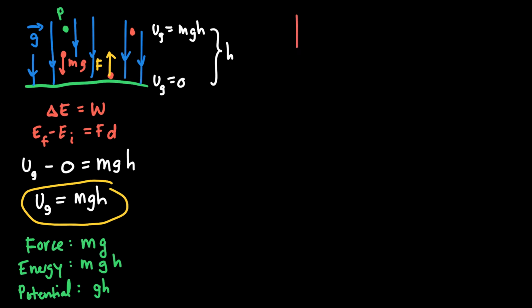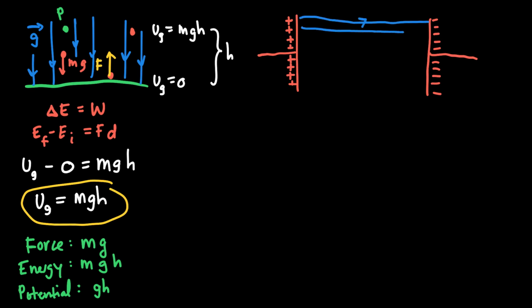If I take two plates, and on the left plate I cause it to have a positive charge, so everywhere on this plate I have a positive charge, and on a second plate on the right, everywhere there is a negative charge, then everywhere between those two plates there's going to be a uniform electric field. That electric field is going to point, as always, from the positive charge to the negative charge.